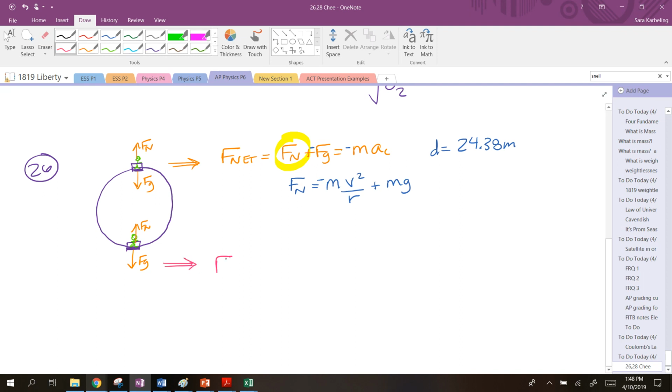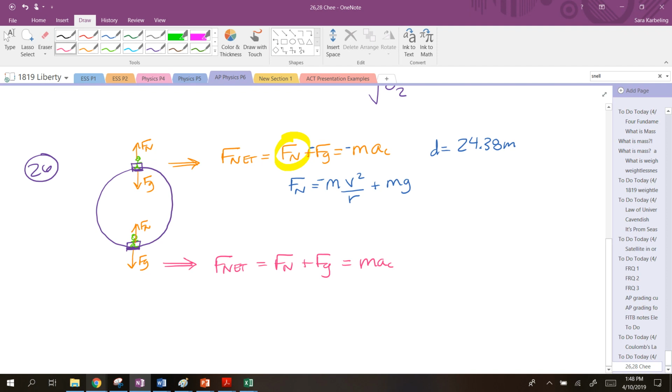So at the bottom here, F net equals Fn plus Fg equals m a sub c. And which ones are negative in this case? Is Fn negative? I'm looking down here. Is it pointing in the negative or positive direction?